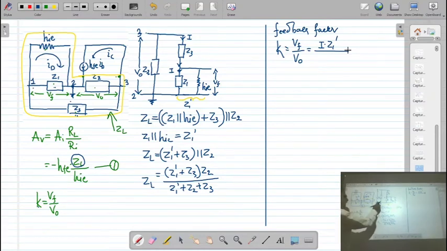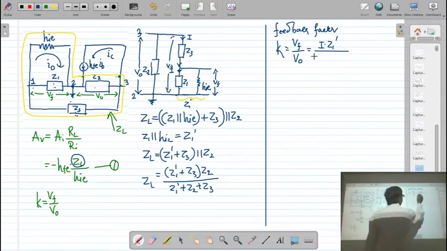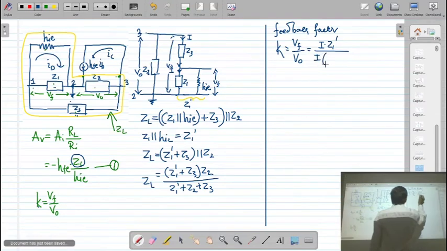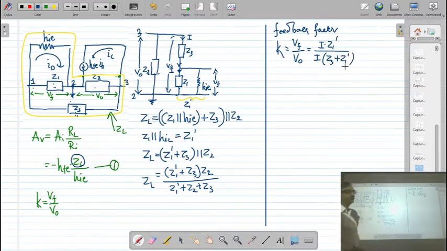And then about the output voltage. So output voltage is across this. Correct? So the same current is flowing. So we can write it is Z3 plus Z1 dash. Z3 plus Z1 dash.